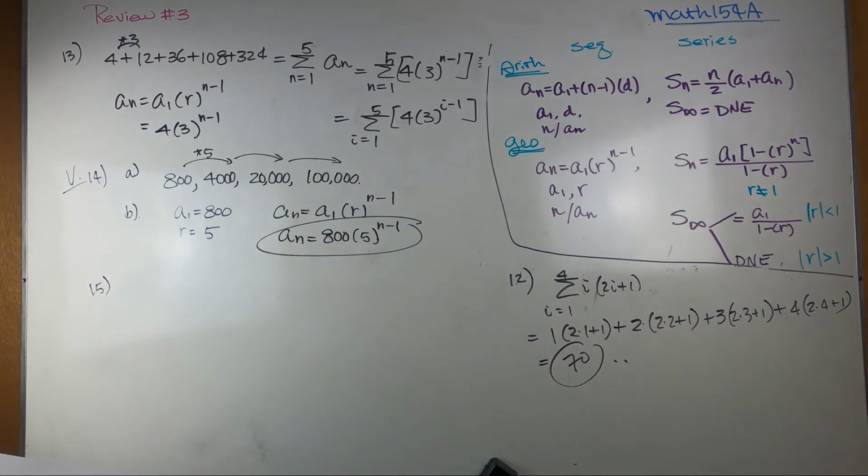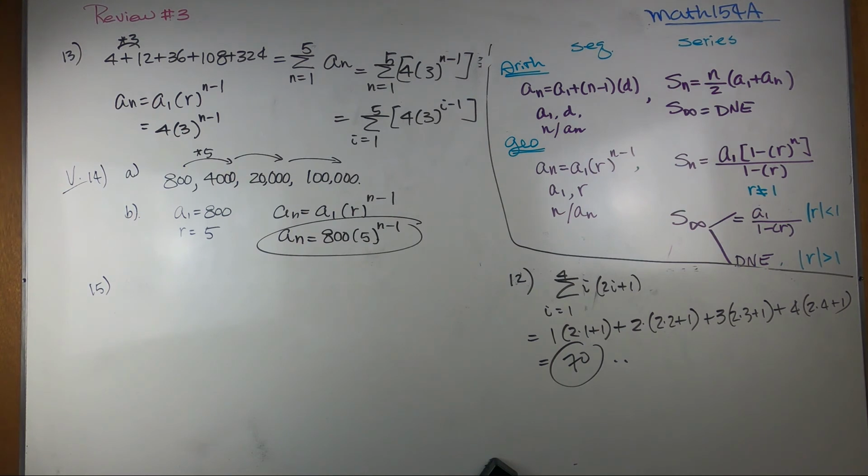Okay? Next one. Jose takes a job that offers a monthly starting salary of $4,000 and guarantees him a monthly raise of $125 during his first year of training, monthly, right?